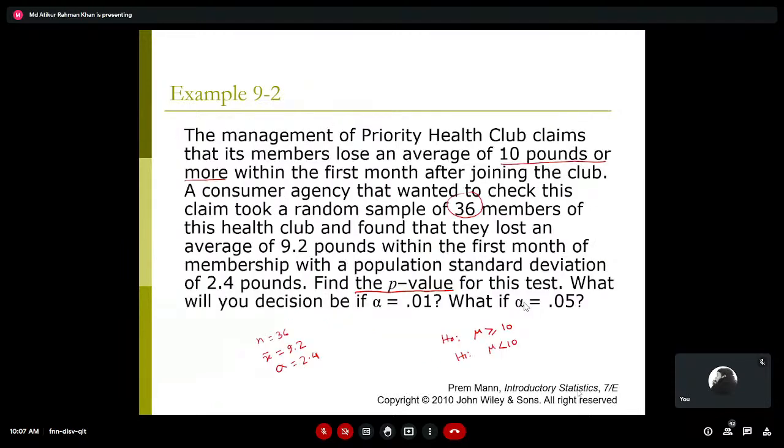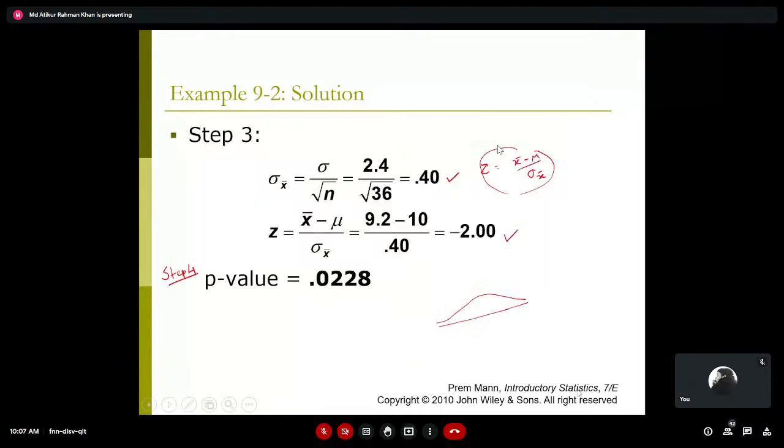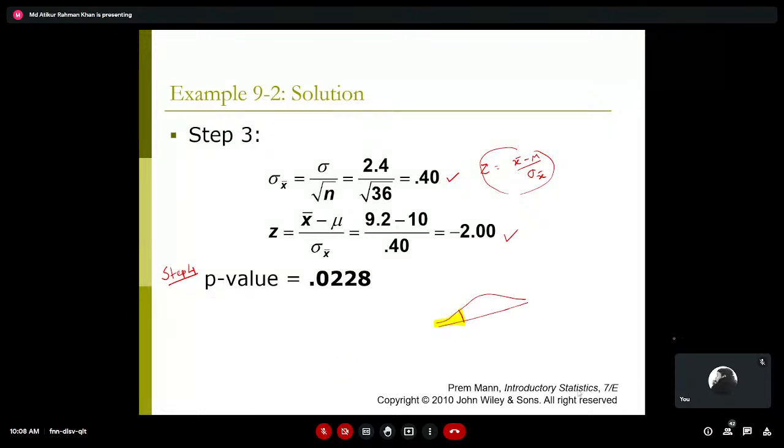So this is a left tail test, right? So the rejection region would be on the left side or right side? On the left side. So the p-value is essentially this area. Now, what is the calculated value here? Minus 2.00.